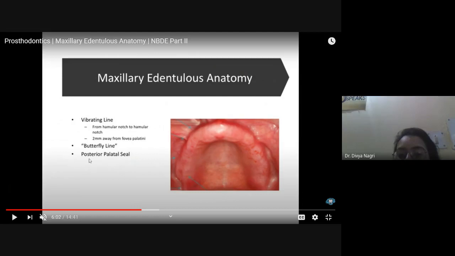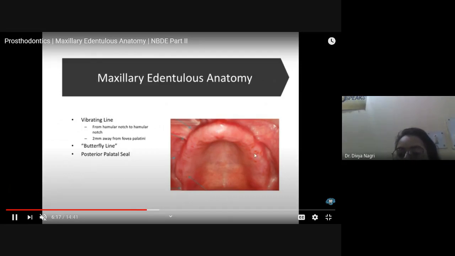It is basically a soft tissue which is present between the hard palate and soft palate. It is also known as the butterfly line.